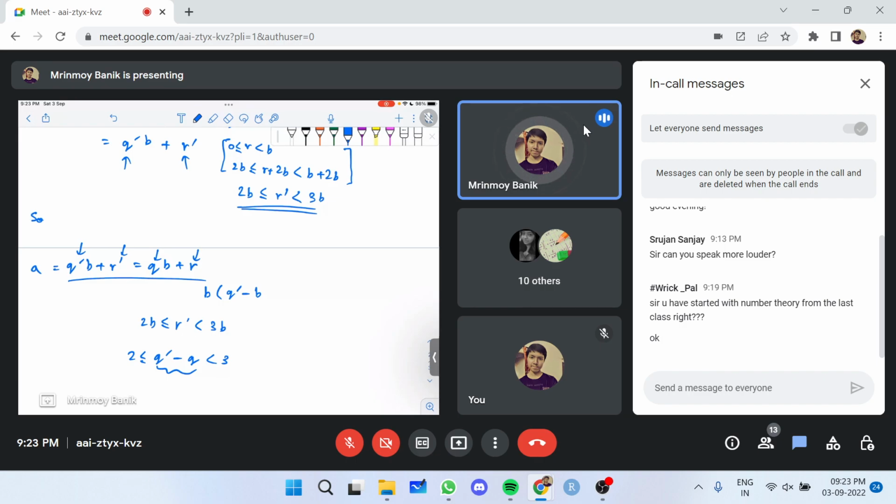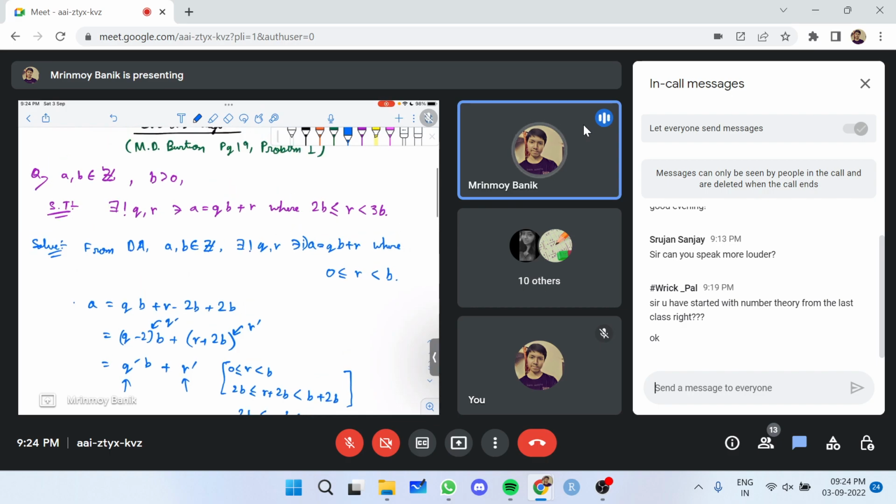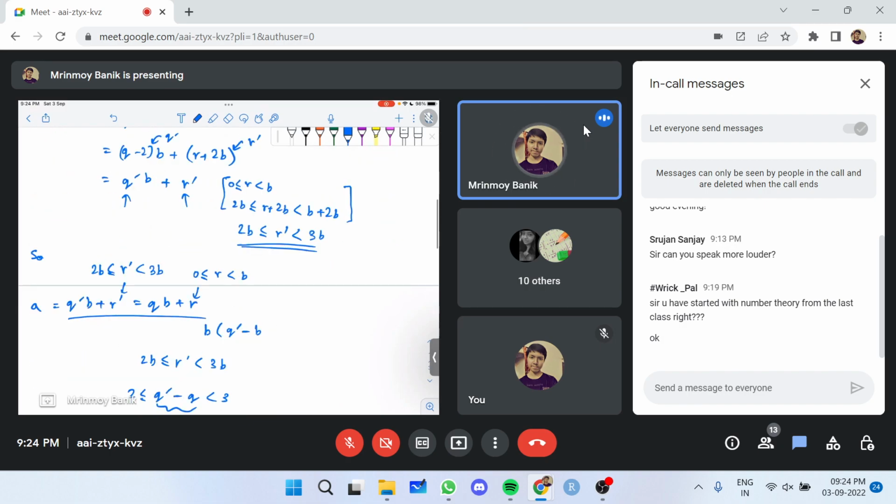So you have the restrictions different, right? Here you have r dash less than 3b and greater than or equal to 2b, while here you have 0 less than or equal to r less than b. And you assume they are equal. I don't think you can later prove uniqueness of r and r dash with this kind of logic.